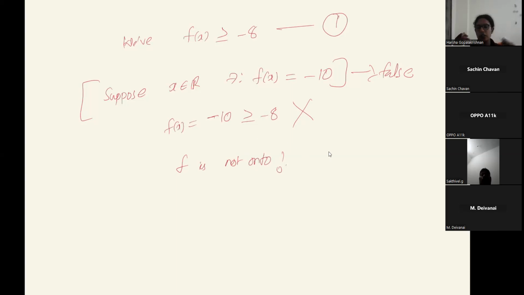Actually, to check the 1-1 and onto conditions, I will suggest you to solve many problems. Going through many problems, you will understand how it works, like why it is onto or why it is not onto, and in the same way 1-1, and you will understand what class of function will be 1-1 and what class of function will not be 1-1, and the same for onto.